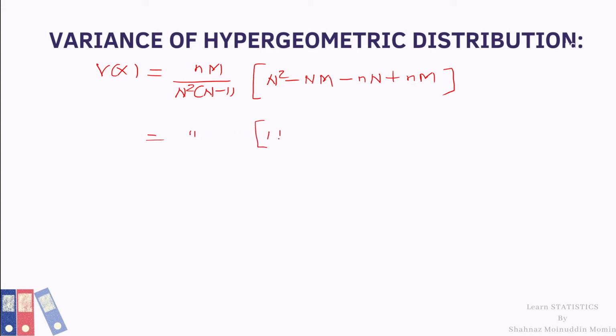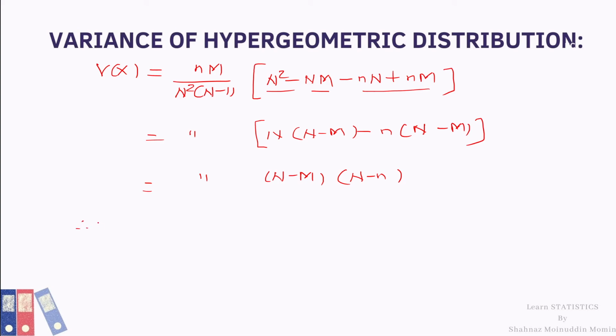I will take n common from these two and small n from these two. We get n into n minus m minus n into n minus m, which is equal to, these two constant as it is. I will take n minus m constant, so it is n minus small n.